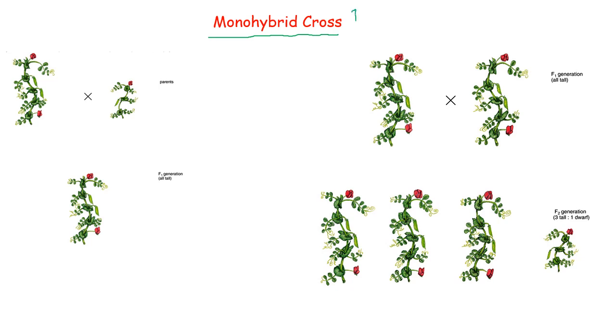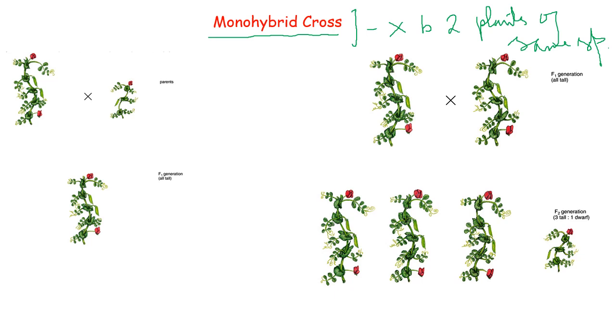A monohybrid cross is a cross between two plants of the same species, considering the transmission of only one trait, only one character.